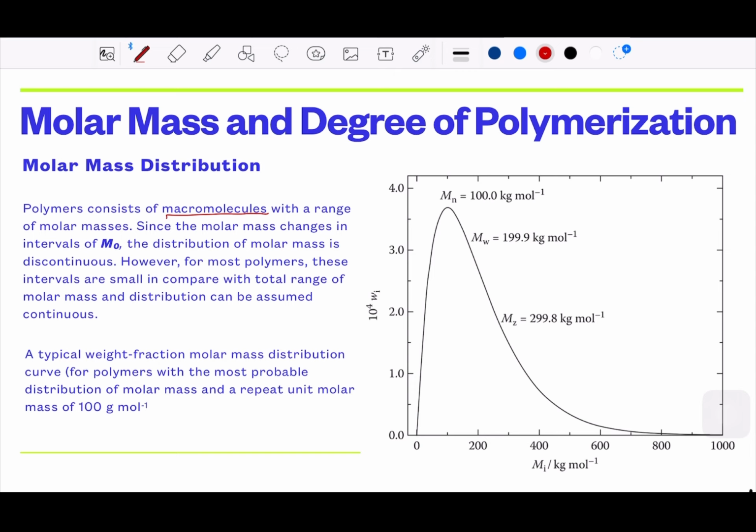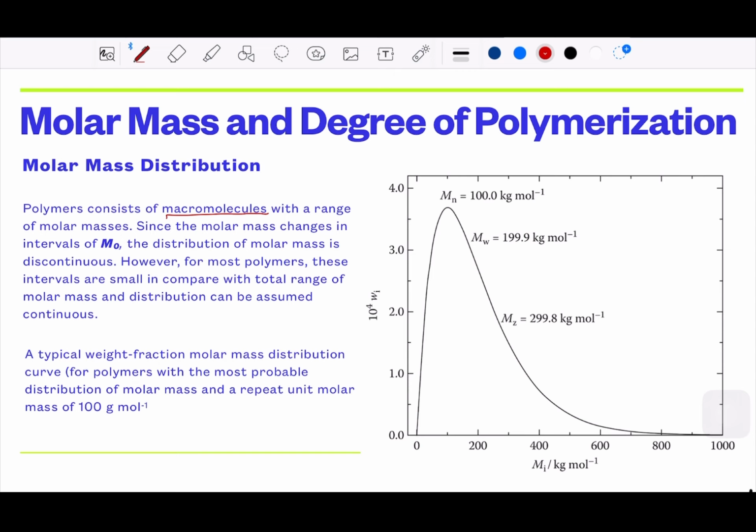Okay. N is for the number average. W is for the weight, the molecular weight. For most polymers, the intervals of molar mass change are really small compared with the total range of the molar mass, so the distribution can be assumed continuous.